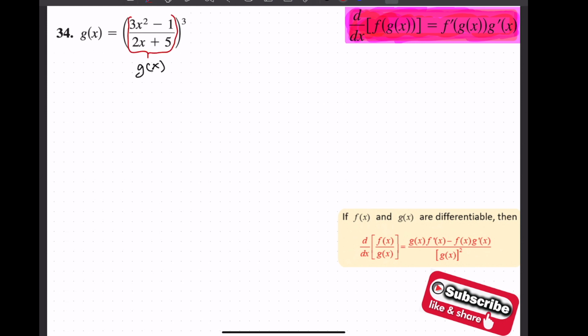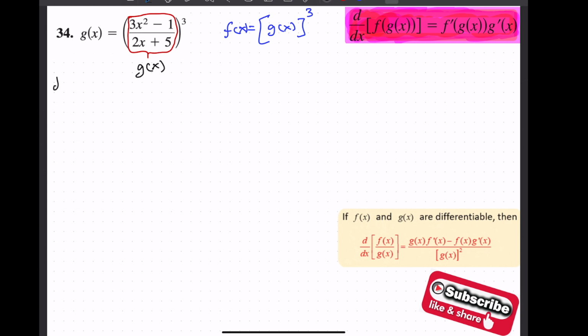If I call that my g, then my f of x is equal to g of x raised to the 3rd power. That's the interpretation.